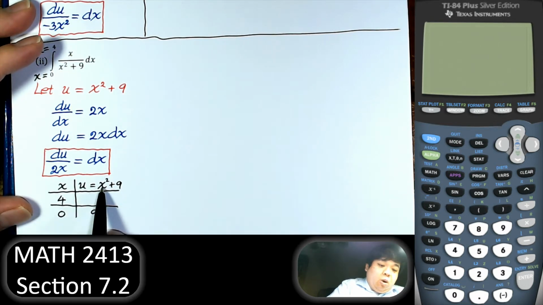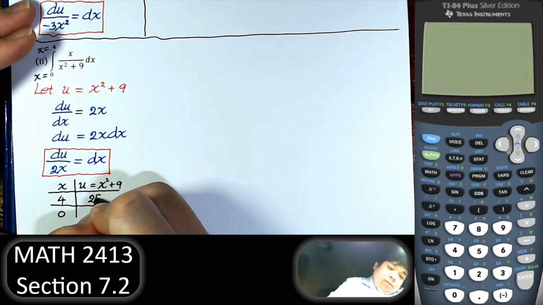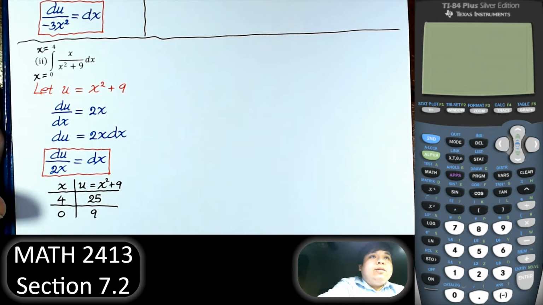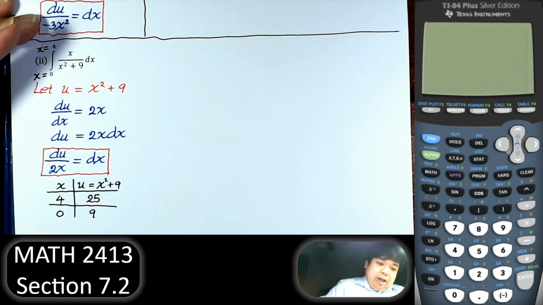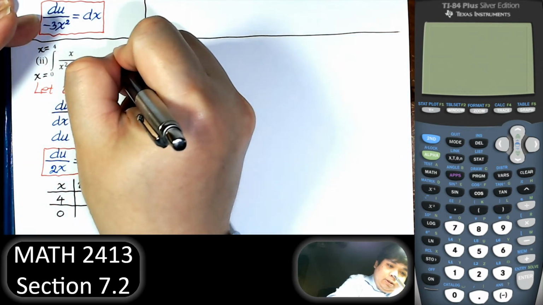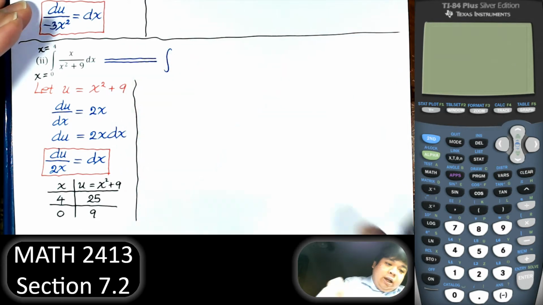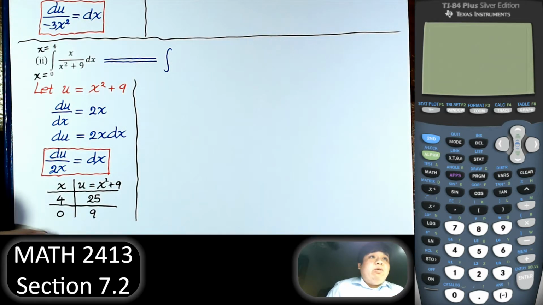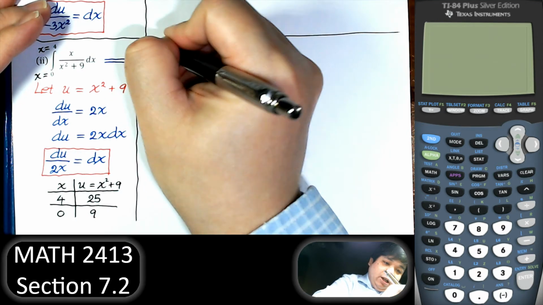When x equal to 4, 4 squared plus 9, 16 and 9, is 25. Right. So with that, we can substitute back into our problem. The original problem becomes, now the limits will change. Instead of x going from 0 to 4, we have u going from 9 to 25.